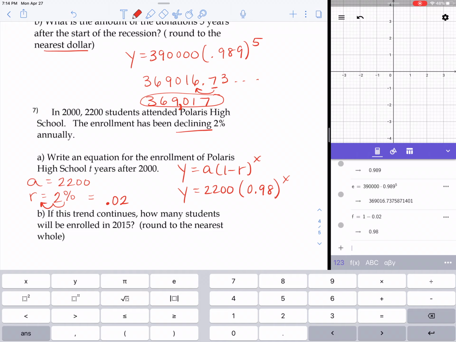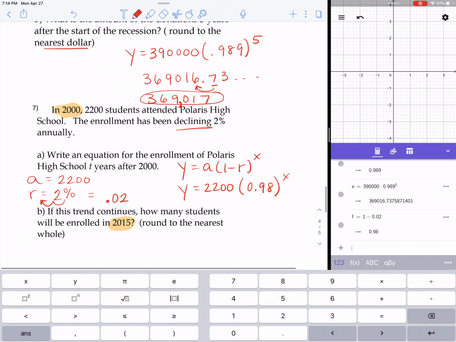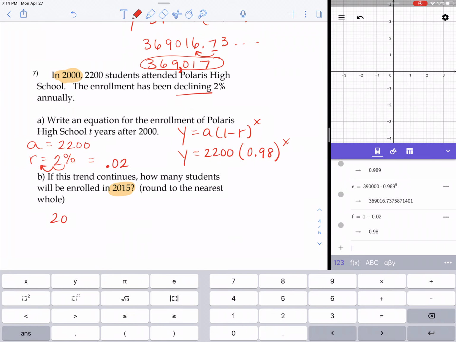There's your equation. If this trend continues, how many students will be enrolled in 2015? Well, this started in 2000, so how many years goes past before 2015? 2015 minus 2000, 15 years. Did you have to do the subtraction? Not at all.